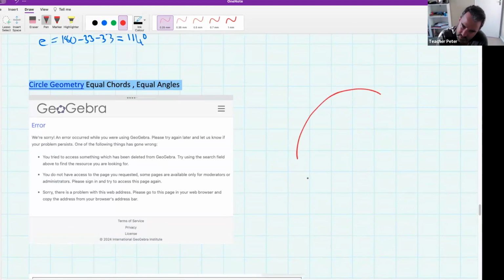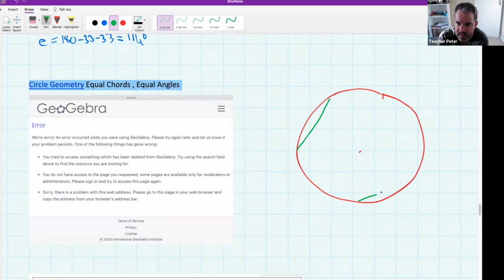If you have a circle and you have equal chords, so let's say I have a chord of that length over here and a chord of that length over there. How would I show that they are equal? Now, here's an interesting fact about circles.